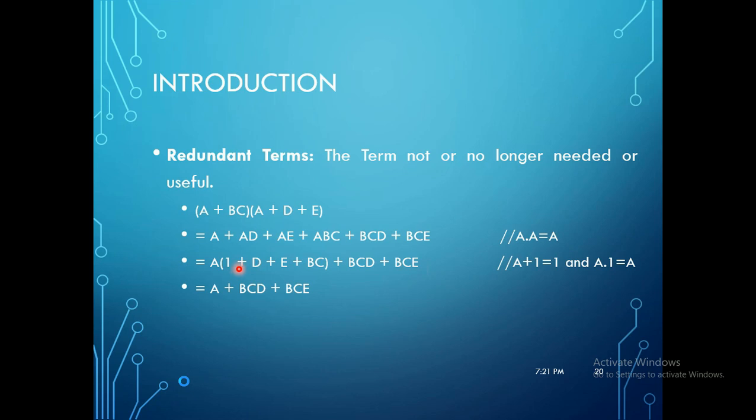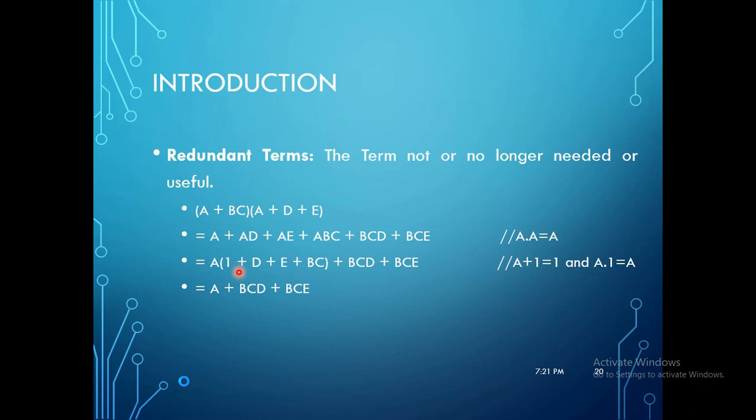So here again, A plus 1 is 1. Or if you take some other term, maybe B also, B plus 1 is 1 itself, or B into 1 is also B itself.